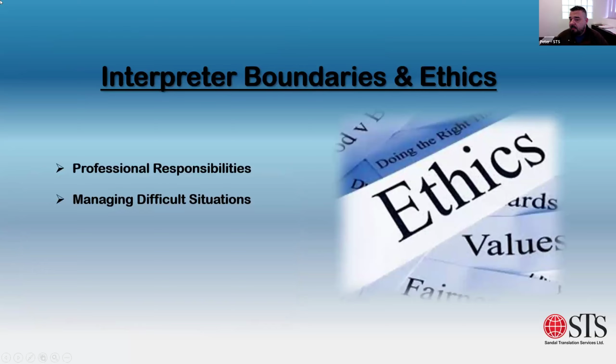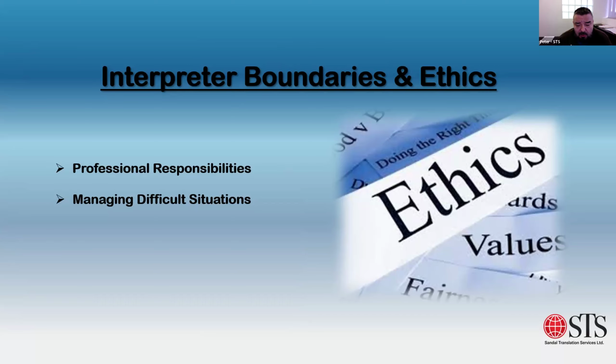All right, boundaries. Again, your professional responsibility as an interpreter. Number one, everything is confidential. You now have access to a lot of confidential information about the patient. It has to stay with you. You cannot share that information anywhere.